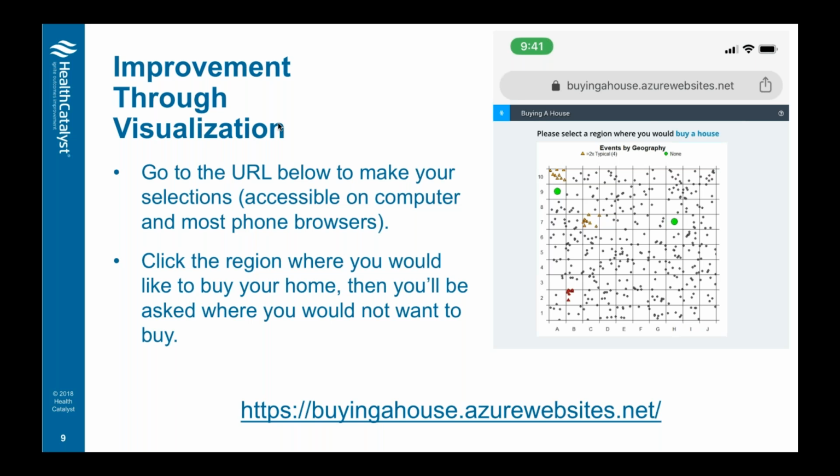So I'll read it for you. You don't need the HTTPS probably, but it's buyingahouse, all one word, dot azurewebsites.net. And again, you'll be presented with the screen that you see here. If you're on a smartphone, you can just tap where you want to buy or not buy a house.